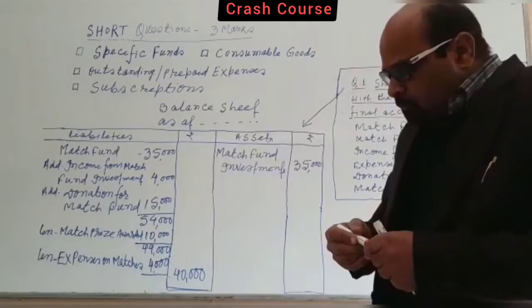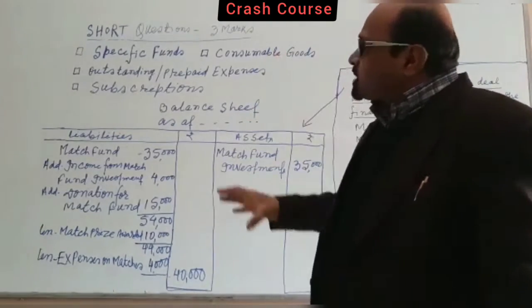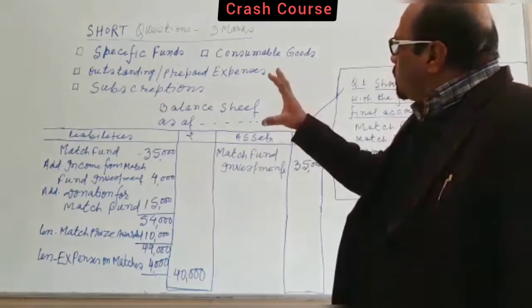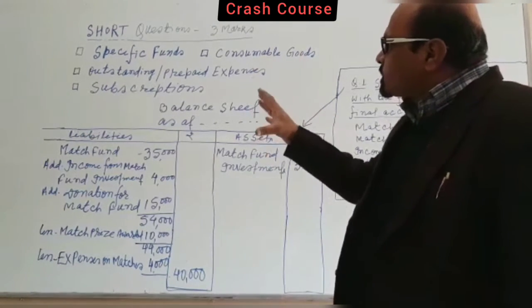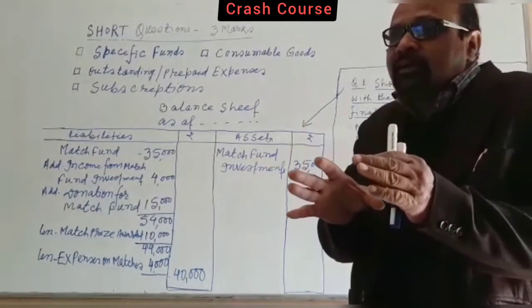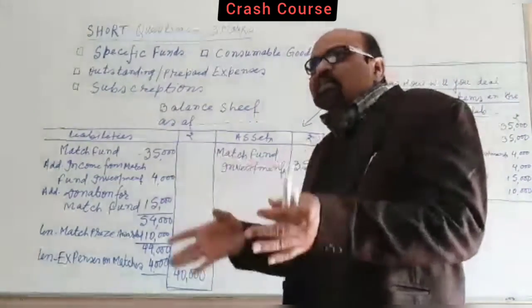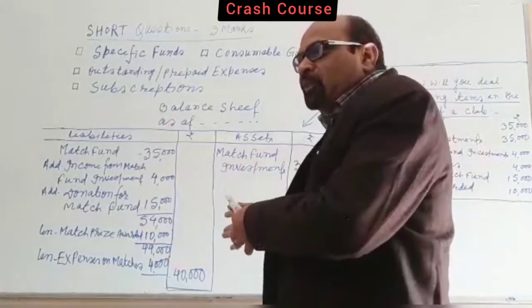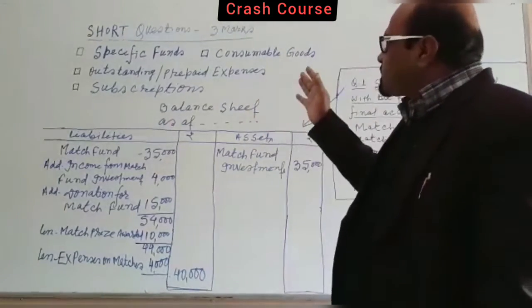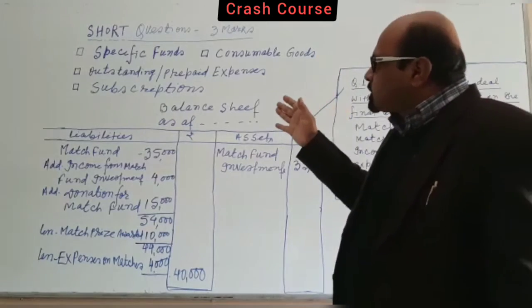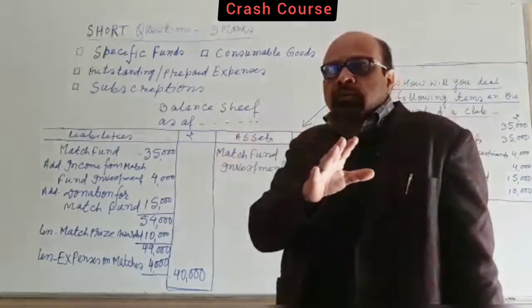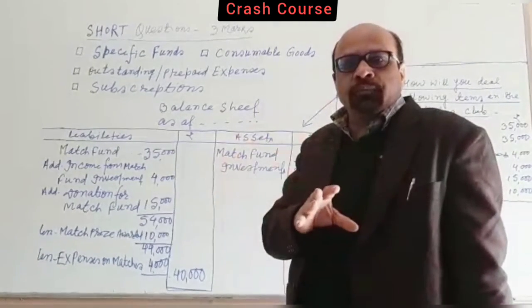Students, these 4 topics are very important because if you solve short questions related with these 4 topics, 50% of the question you can easily solve, which will become of 6 marks. So, step by step, topic by topic, you will try to understand properly and you will solve the homeworks which I will give you, right?